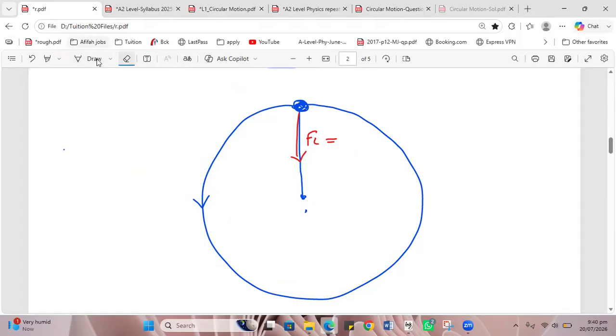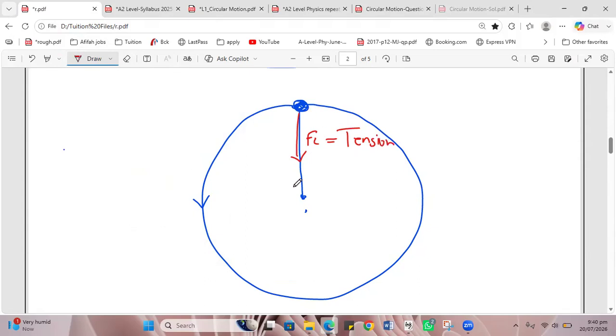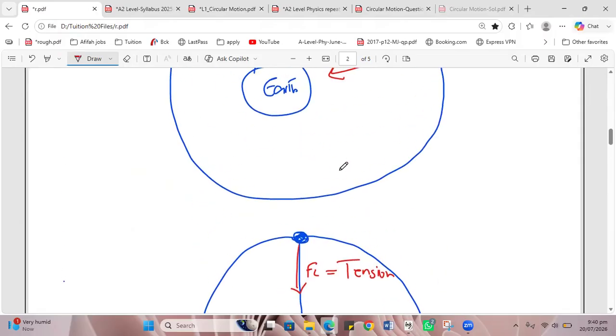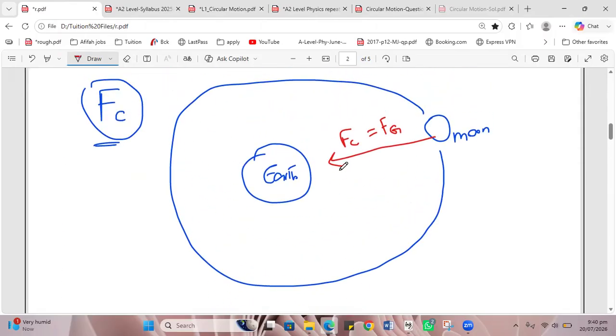It's tension. Why tension? Because the stone is attached to a string. If you remember from AS level, there was a complete topic of deformation. Whenever you have a string or a rope, there is always tension in it. So in this case, it's tension. Using this fundamental concept, you can solve a lot of questions.